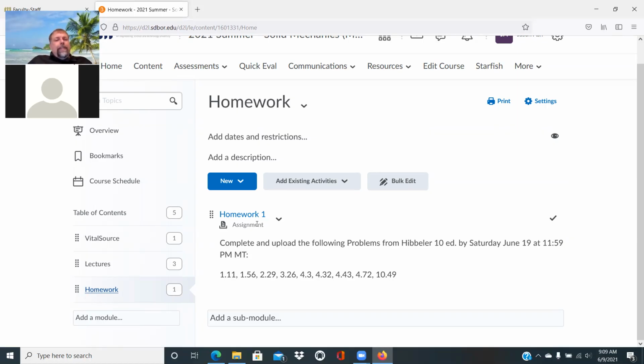Let's see, are there any questions over the layout of D2L or questions in regards to completing the homework? I do have a question about it. On the syllabus, it said you would have a document for the format and stuff for the homework, I think.